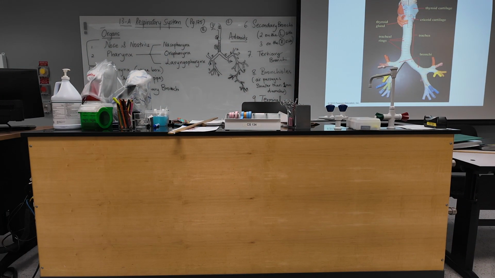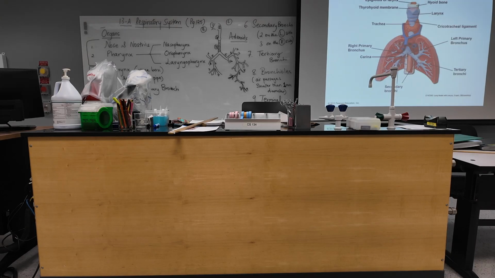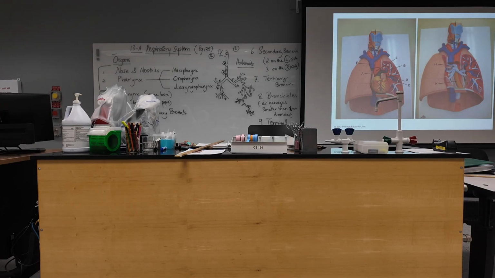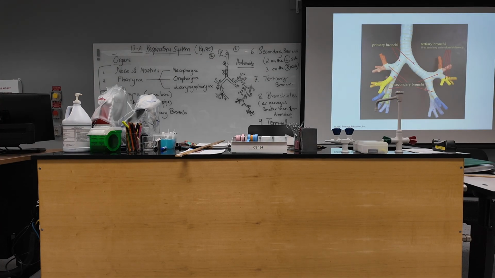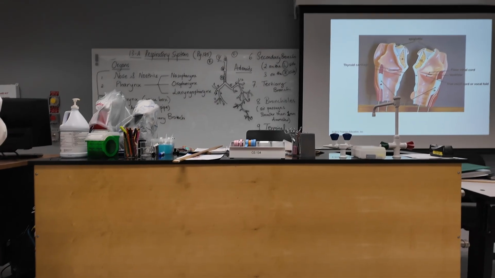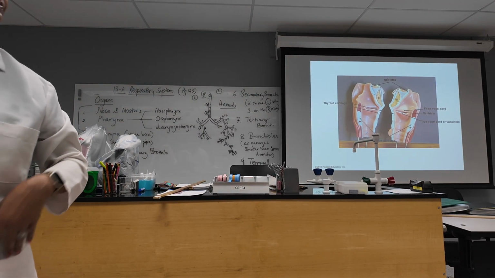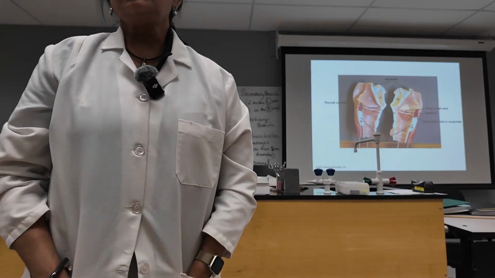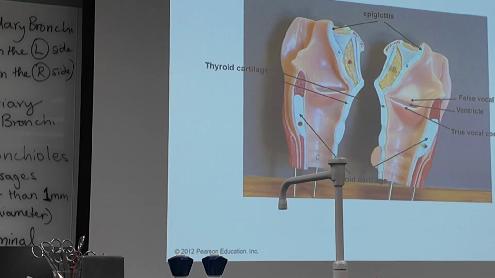The false vocal cord is just a protection. So the false one is just for protection. It's the true one that actually makes the sound. True vocal cord. Okay? So, can you look at the vocal cord?